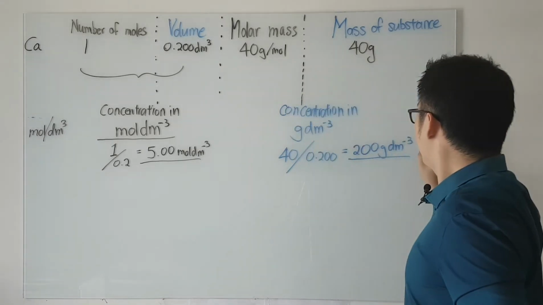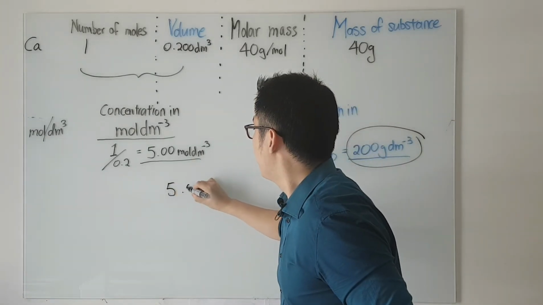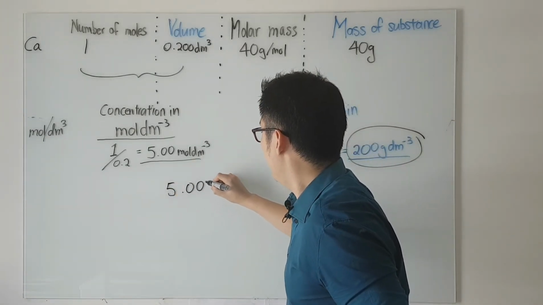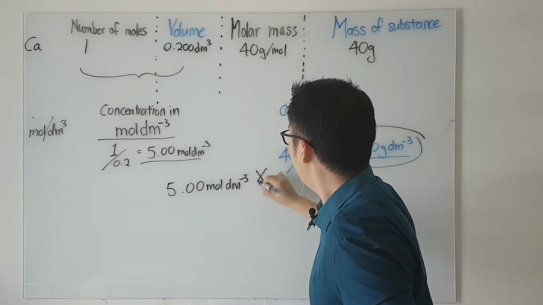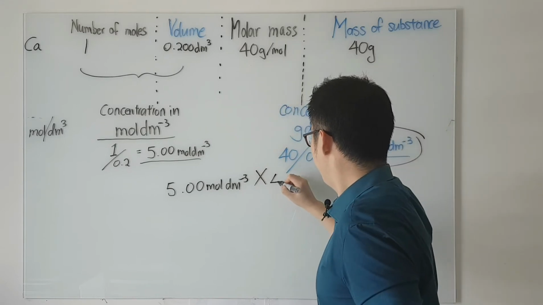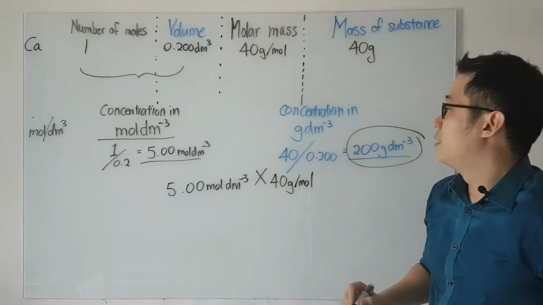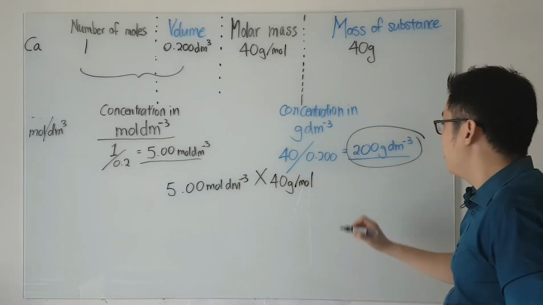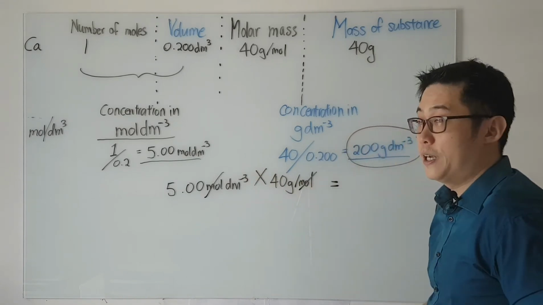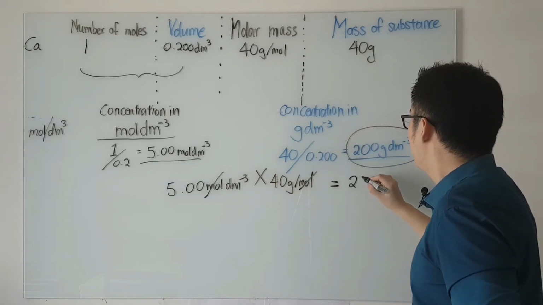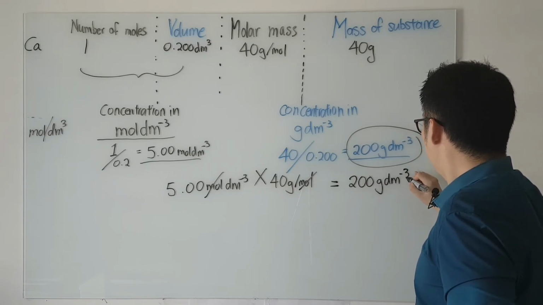To get 200 grams per dm cube, all I need to do is take 5.00 moles per dm cube and multiply it by the molar mass, which is 40 grams per mole. In so doing, you will cancel out the mole and obtain the 200 grams per dm cube.